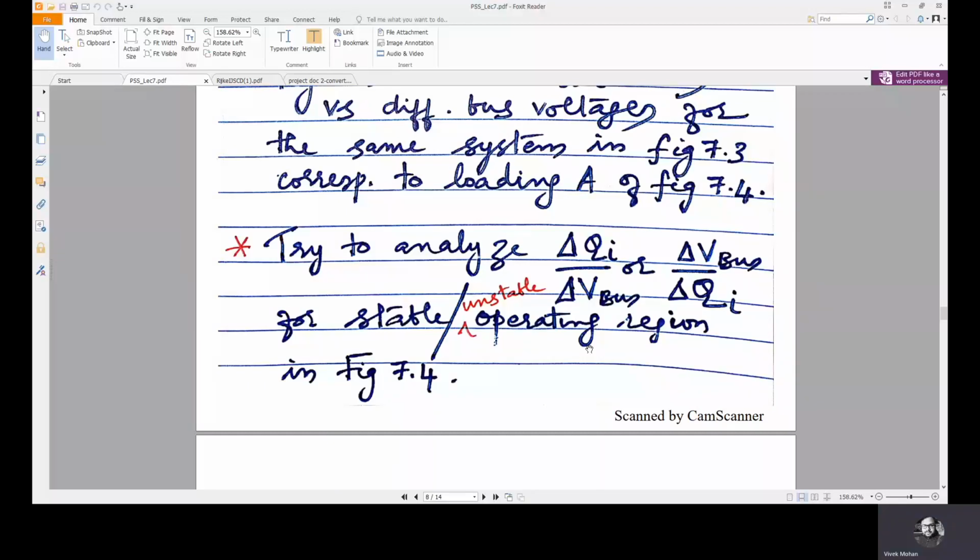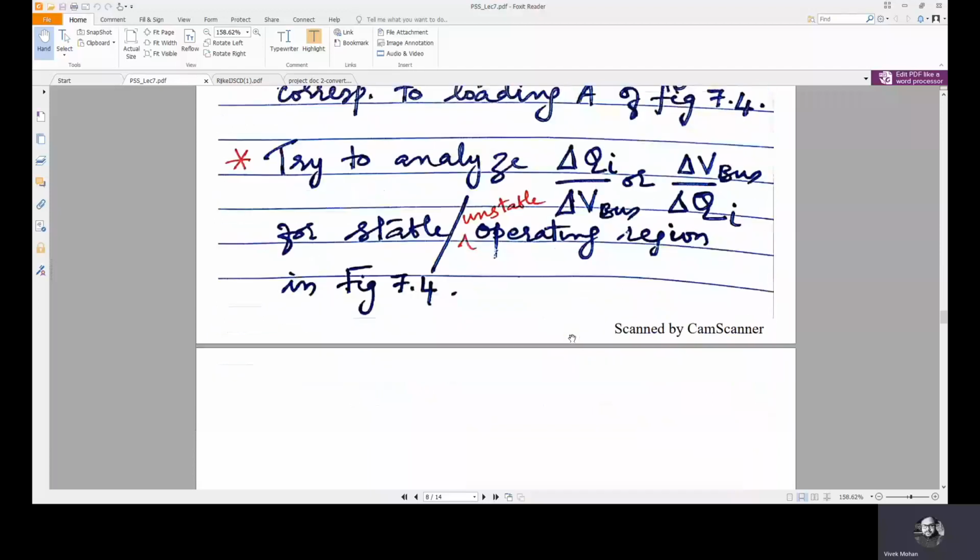If it does not happen in that direction, then we say that the bus is voltage unstable. In a normal condition, we assume an increase in voltage with respect to increase in reactive power injection on a bus. But if the voltage decreases with respect to increase in reactive power injection, then it's an abnormal or unstable condition. That is the importance of QV sensitivity that we'll see with the help of nose curves.